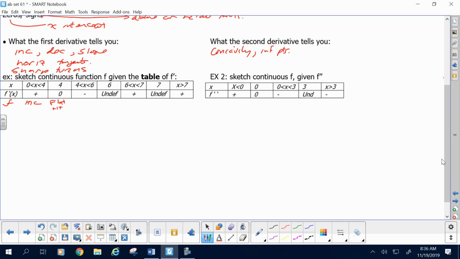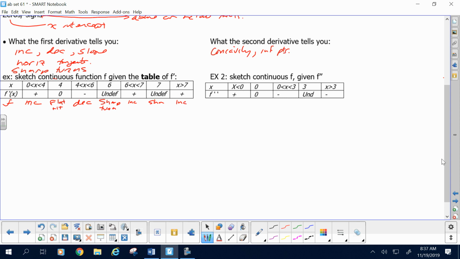If the derivative is negative, decreasing. If the derivative is undefined at 6, that might indicate a sharp turn or a discontinuity. Now they say though it's a continuous function, so it's not a discontinuity. It is a sharp turn. 6 to 7 increasing, sharp turn increasing.